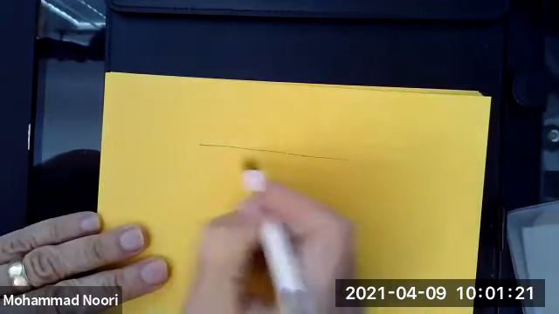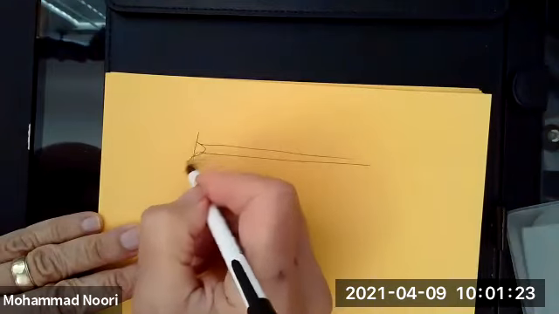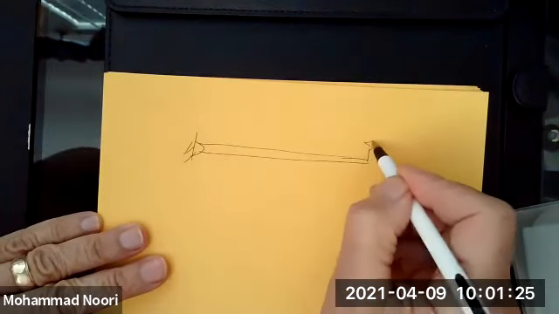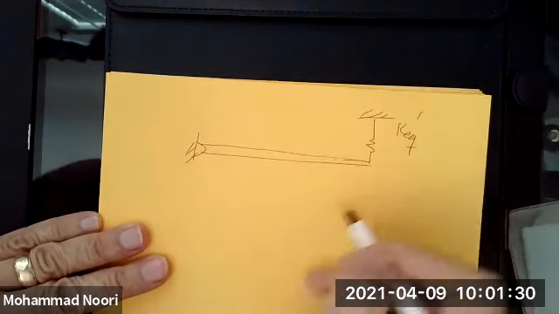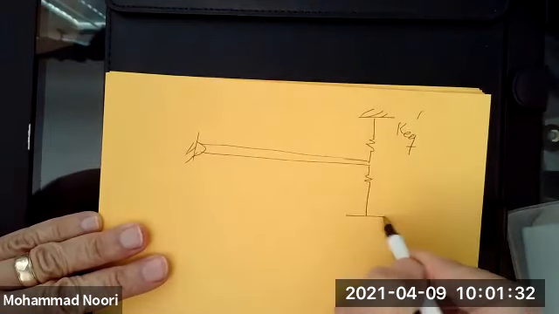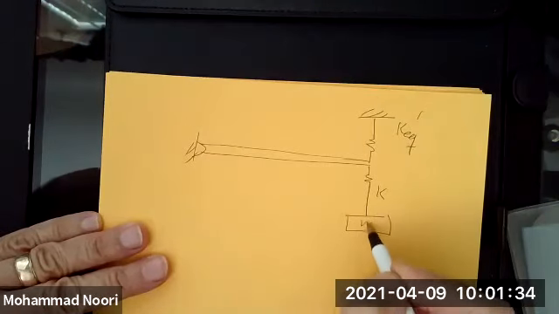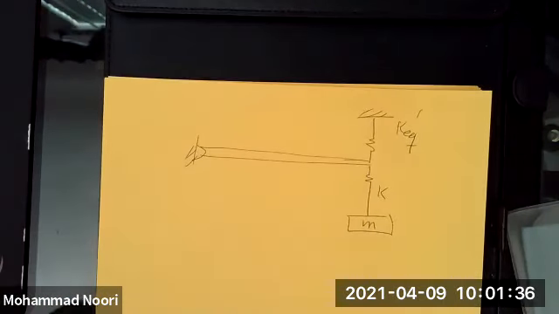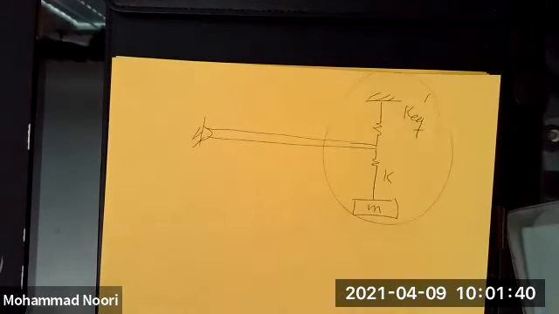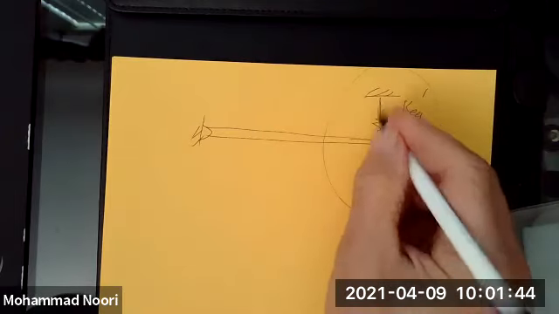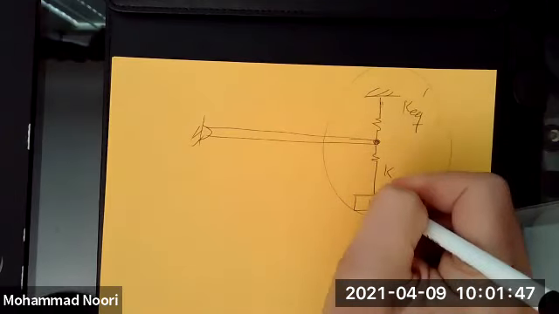I have a rigid beam that has a spring K equivalent prime attached to it. Then I have this spring, which is attached to a mass. So how do I find the equivalent stiffness here? This is easy now, right? These two are in series. There is no mass here.